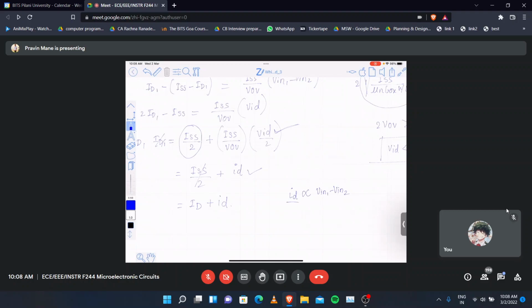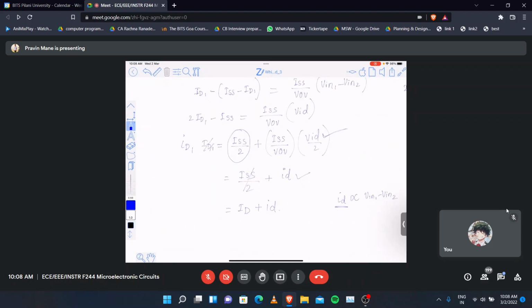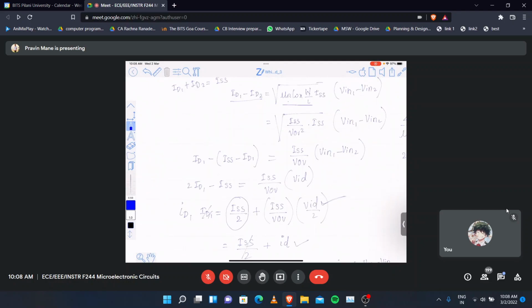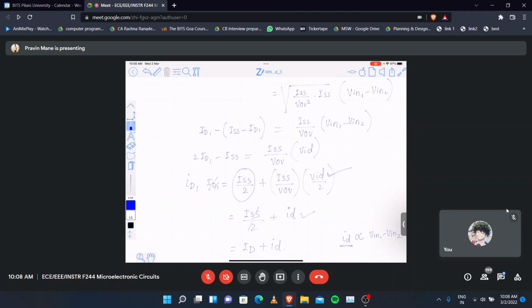First, we are making the output current proportional to input voltage, and output current can be converted into output voltage by passing it through a resistance. Now suppose, instead of what I have done here, I replace ID2 by ISS minus ID1.